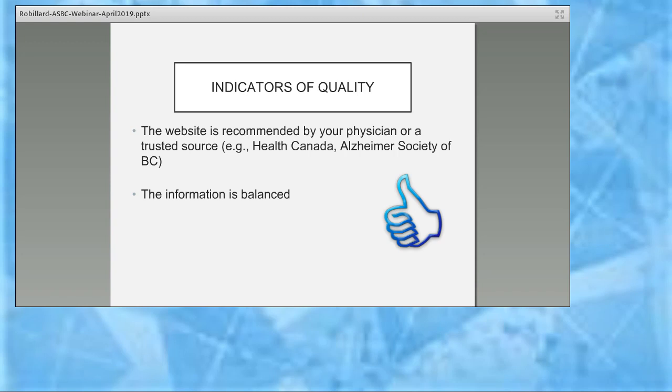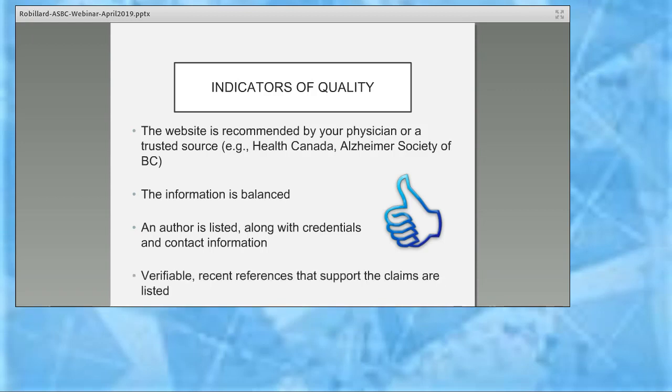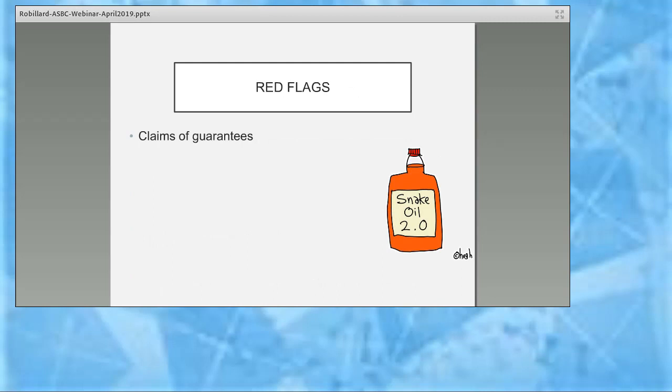The information is balanced, so we talked a little bit about what type of language they should use. They should be cautious. If you can find that an author is listed along with credentials and contact information, that's ideal. And if you can find some references that support the claims in the article, or a study or features of a study, that's also ideal.